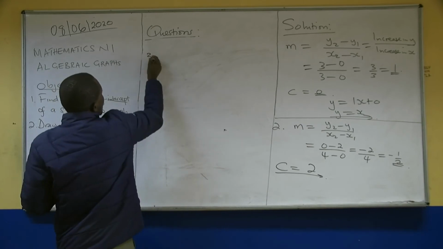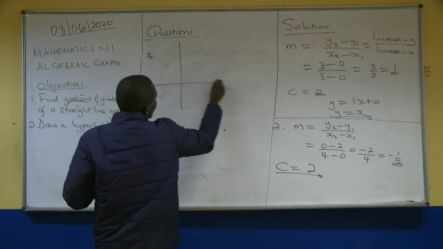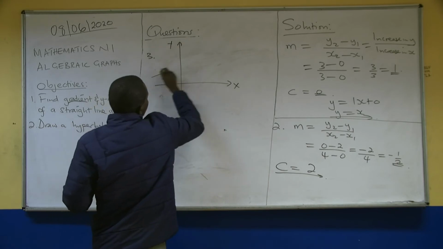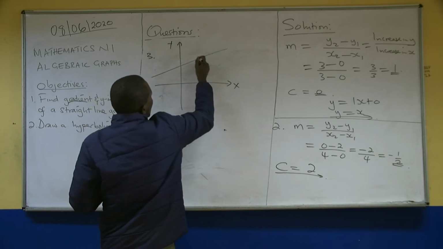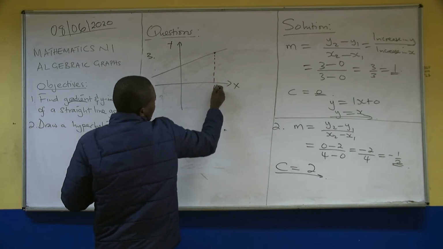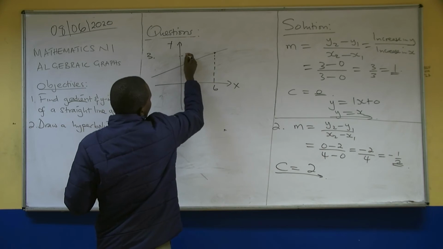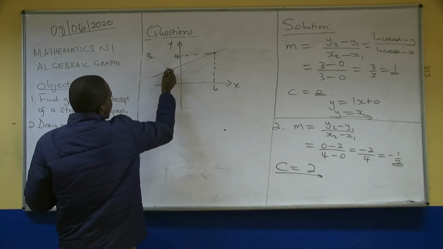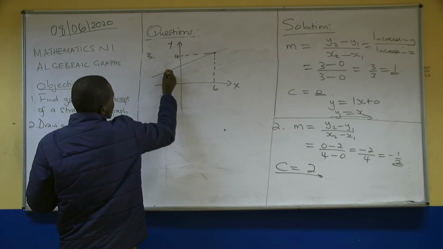Right, so let's say we've got this graph, x, then y. The line is like that, but at this point, we know that our x is 6 and our y at that point is 4.